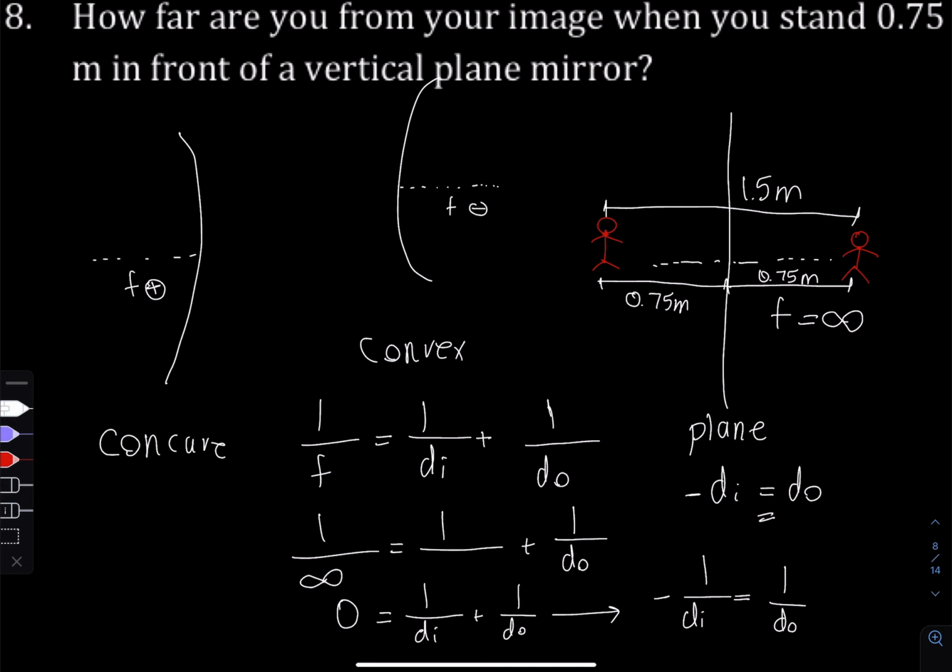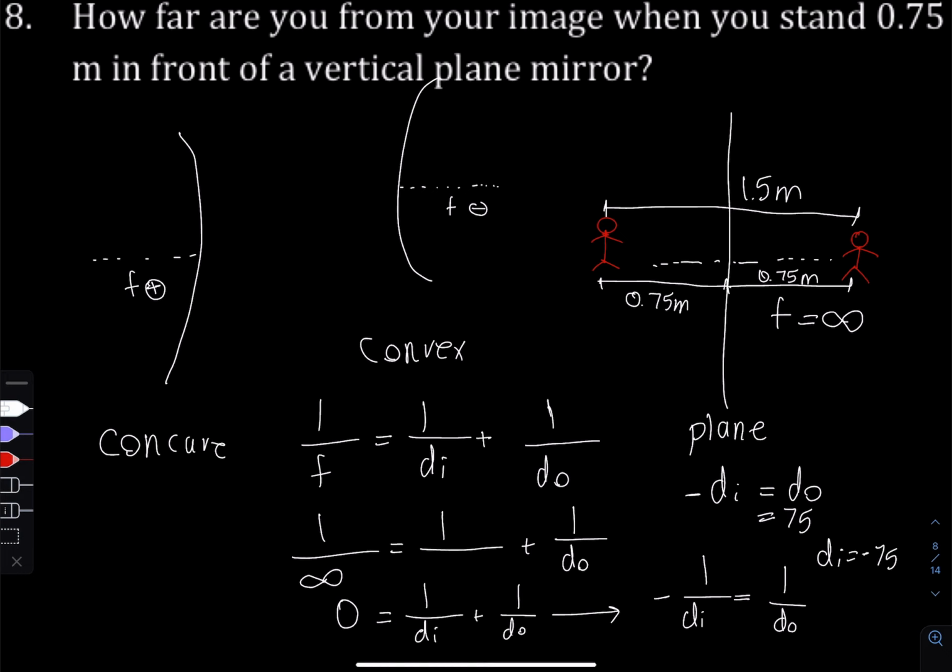Another way to think about it is just using mathematics. This equation here, if your distance from the mirror, your distance from the object, is 75, well then the di is just going to be negative 75. So di would be negative 75.